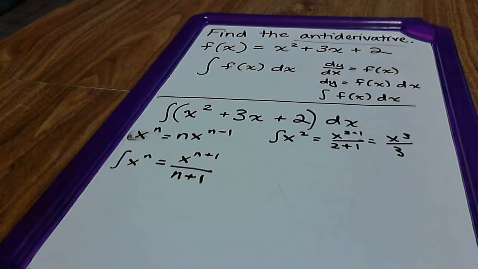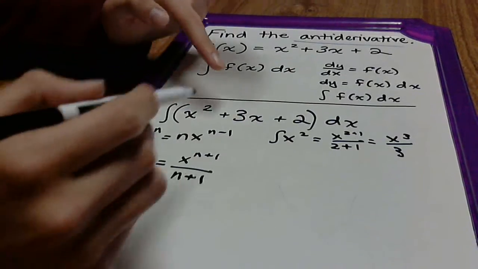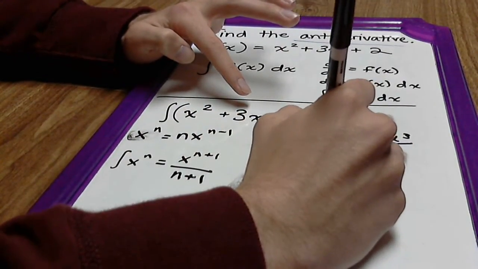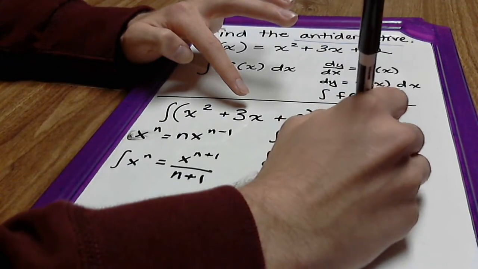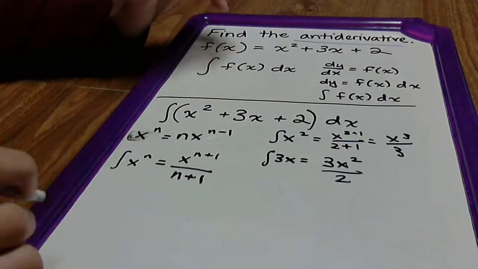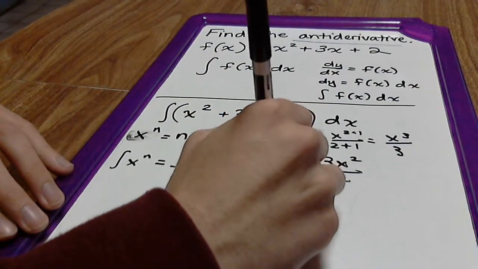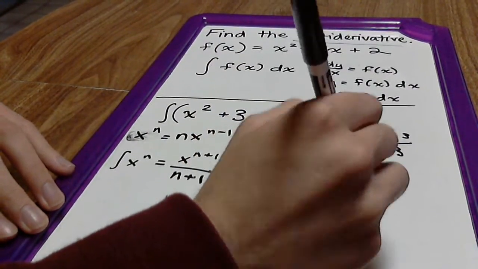Let me write that up so we can see what's going on. And now let's look, so that's the integral of x squared. The integral of 3x would be 3 times x squared over 2. And then the integral of 2 would be 2x.